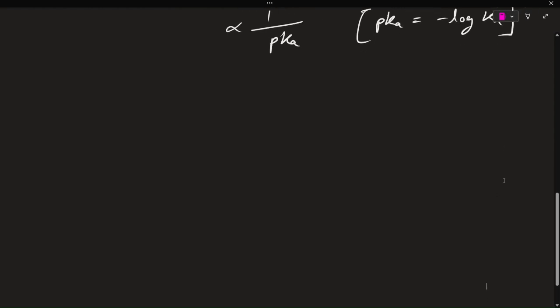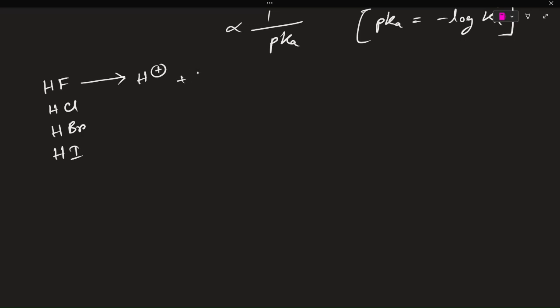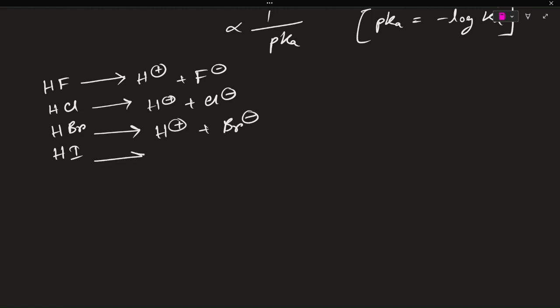Let us take an example of some acids: HF, HCl, HBr, HI. If we consider the acidity order of these four acids, they dissociate into H plus and F minus, for HCl H plus and Cl minus, for HBr H plus and Br minus, and for HI H plus and I minus.